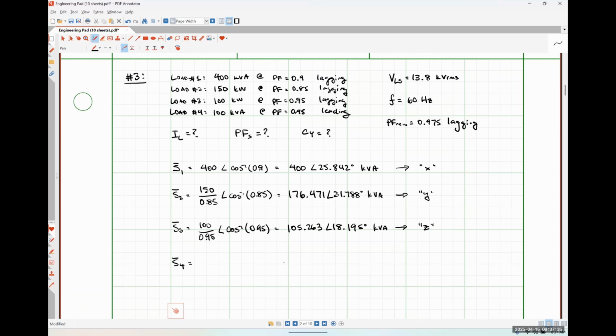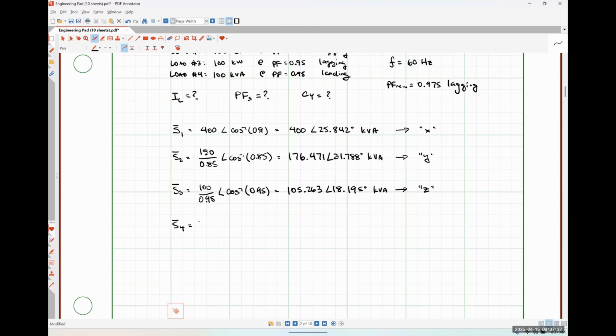Good job. So that's going to look like 100 with an angle of negative inverse cosine 0.95, which should be 100 with an angle of negative 18.195 degrees kilovolt amperes, and I'm going to store that in my calculator as T.